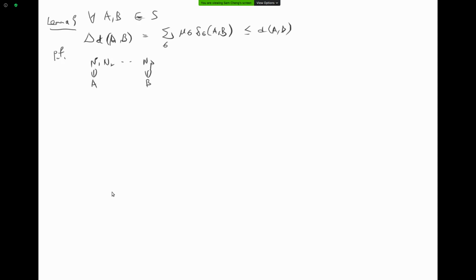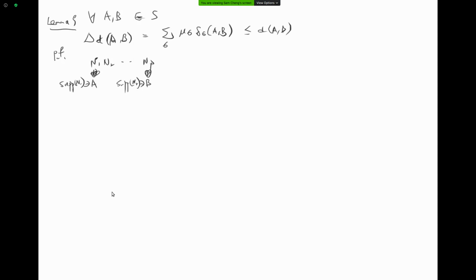When I say M1 includes A, maybe I should write more clearly. The support of M1 includes A, and the support of MP includes B. So that means that for all the subsets in M1, the intersection of all the subsets there, subsets of S, will be equal to the support of M1, and that intersection will include A.